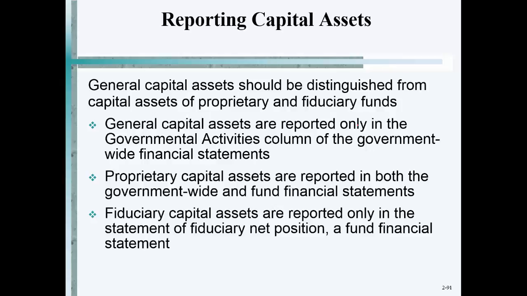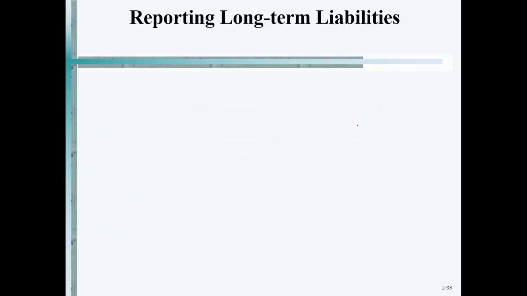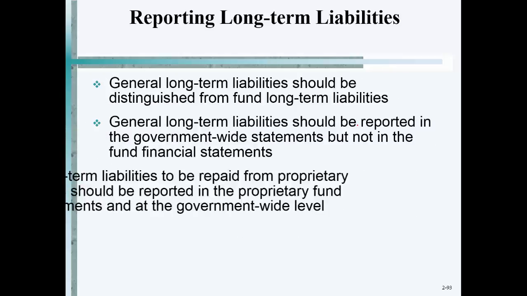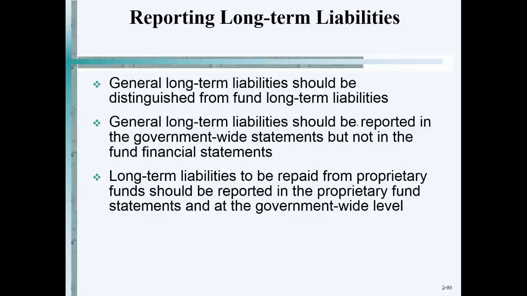Okay, good. Just remember, guys, that when we're dealing with our capital assets, they are reported at the government-wide level, right, under the governmental activities column, under the business type activity column. And when we're down at the fund level, our governmental funds do not report capital assets. Our proprietary funds and our fiduciary funds do, right? Just reminding you of that. We've talked about that quite a bit, okay? And same thing with our long-term liabilities.